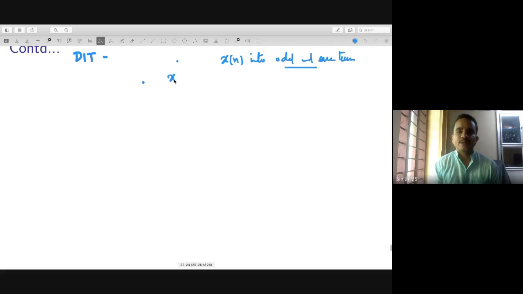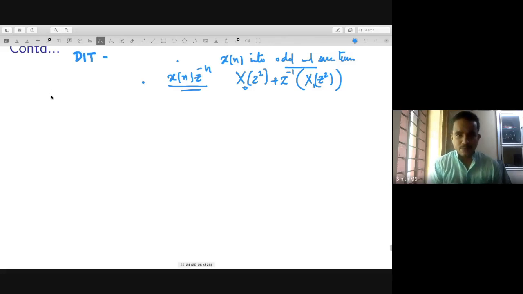And we saw that your Z transform X(z) can be split into X0(z squared) plus z raised to minus 1 X1(z squared), where X0 and X1 are the DFT or the Z transform, in this case, of the even and odd terms of the signal x of n.